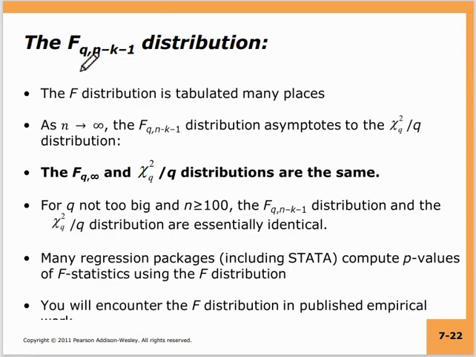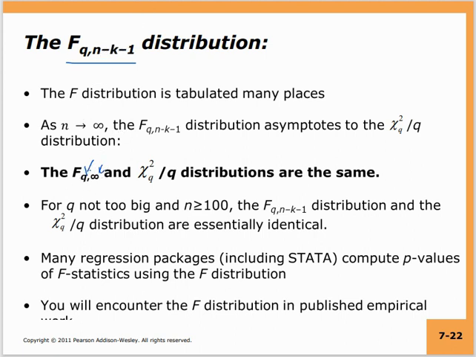The F(q, n minus k minus 1) distribution is tabulated in many places. As n tends to infinity, the F(q, n minus k minus 1) distribution gets closer and closer to the chi-square by q distribution. The two degrees of freedom will be q and infinity, because the second degree of freedom is n minus k minus 1, and no matter what k is, k will be much smaller than n, which is tending to infinity.